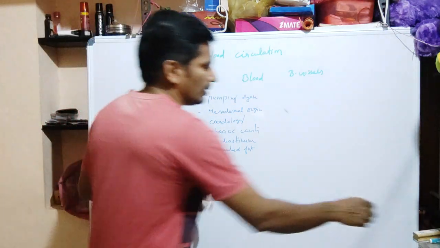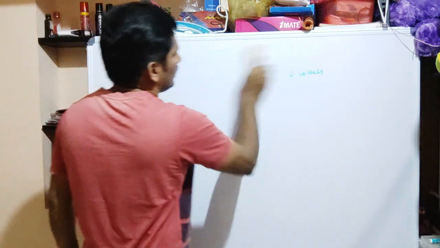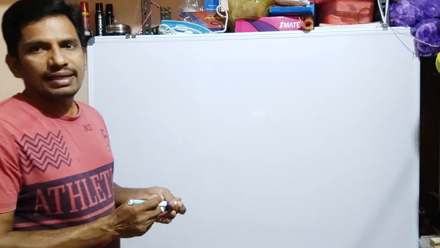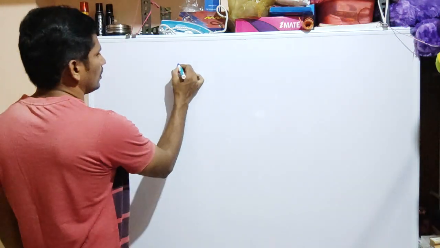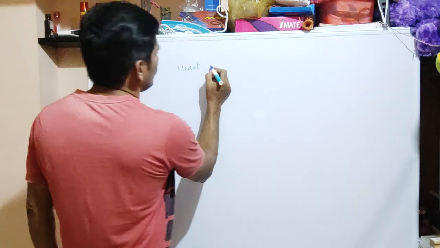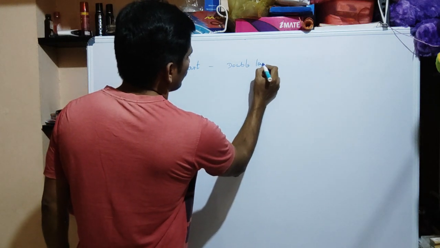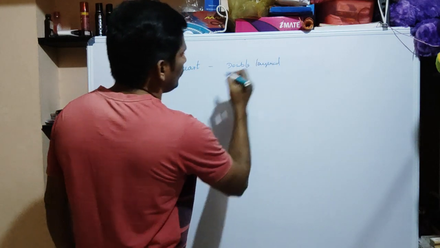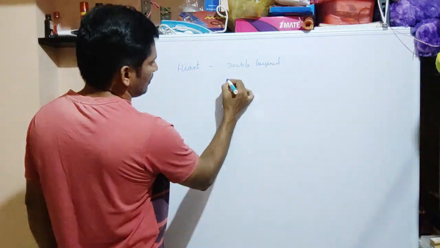Now we are going to discuss the structure of the heart. The heart is covered by a double membrane layer called the pericardial membrane, that's the pericardium.